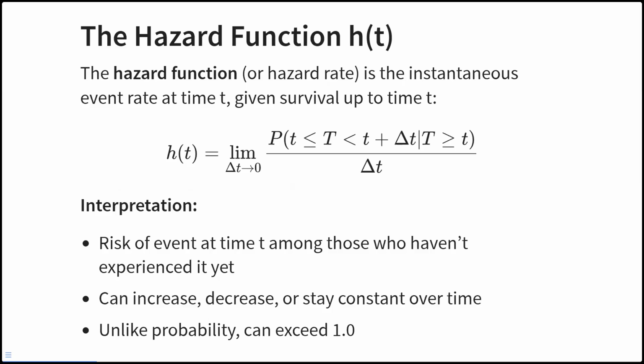This is different from the survival function, which is the probability of surviving at a time t, but this one is the hazard or the risk of having an event at time t. Risks can increase or decrease, or stay constant over time. Another thing is that unlike the survival function, which is a probability between 0 and 1, the hazard function can exceed 1, because we are trying to find out the risk of an event happening at time t.